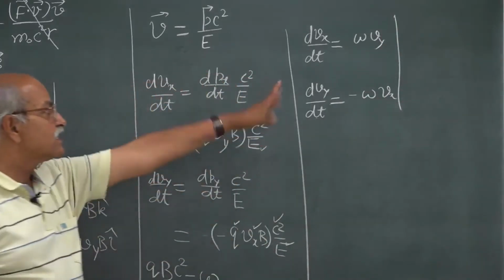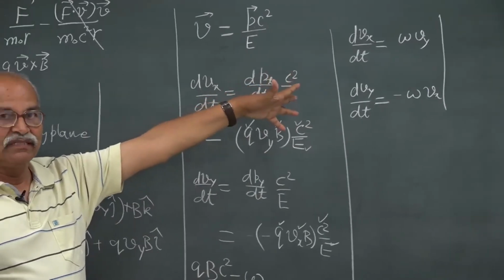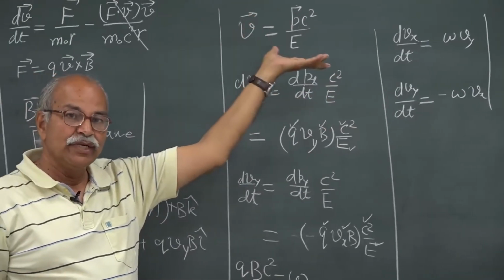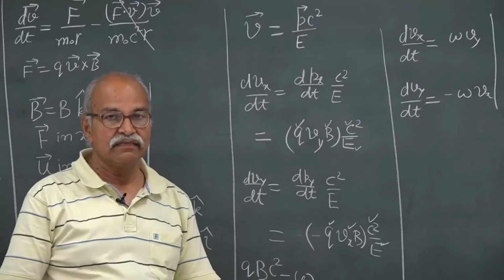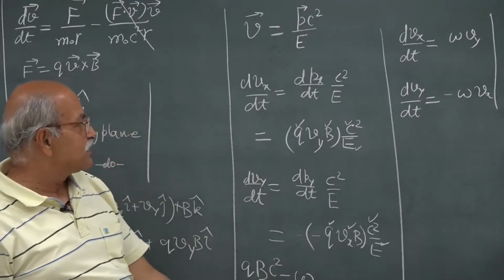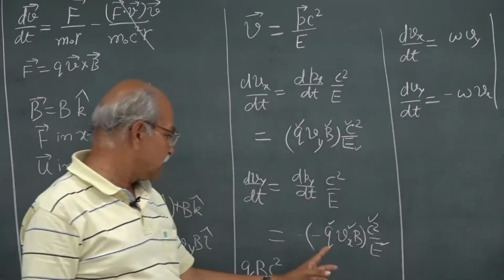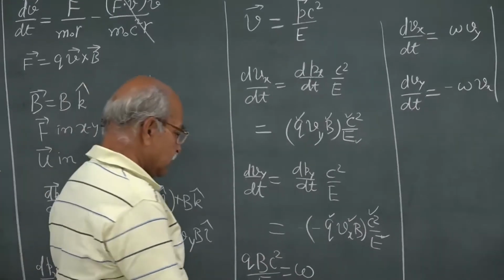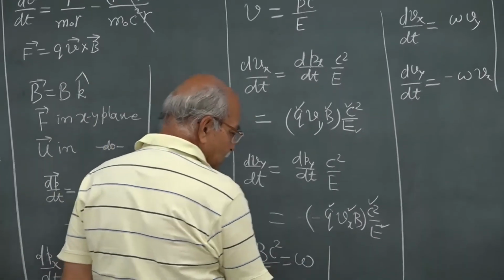Now, these are exactly the same equations which you get in the non-relativistic case. Only difference is this omega is not this much, omega is qB by m.